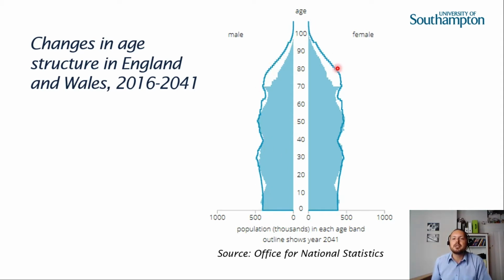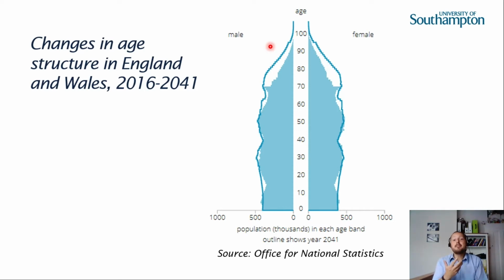What this represents is our projection of what we expect the population pyramid to look like by the year 2041. In particular, I want to draw your attention to this bulge because what this bulge is telling us is that by the year 2041 we will have an older population.